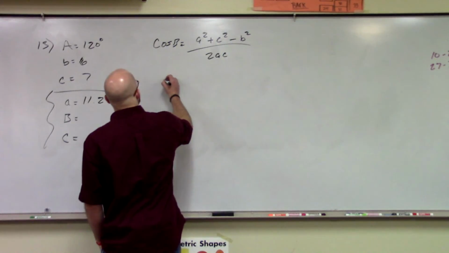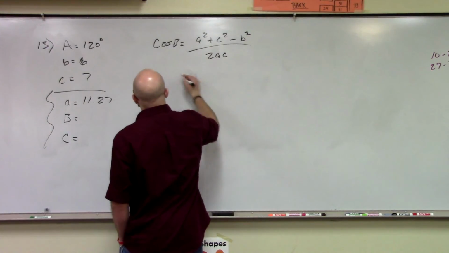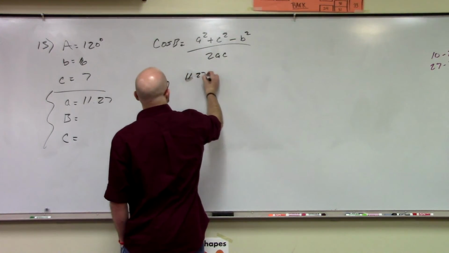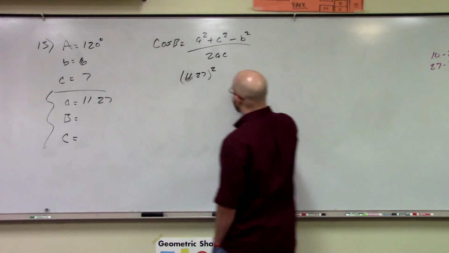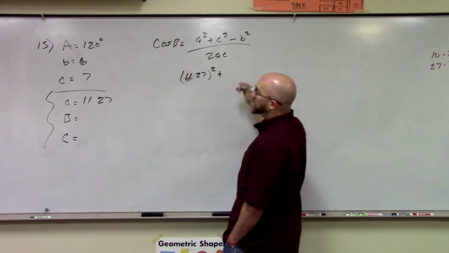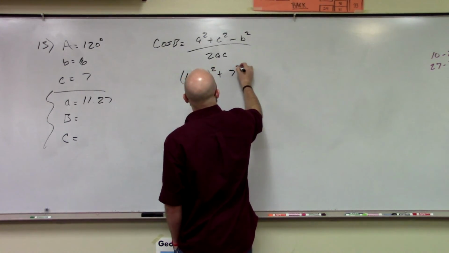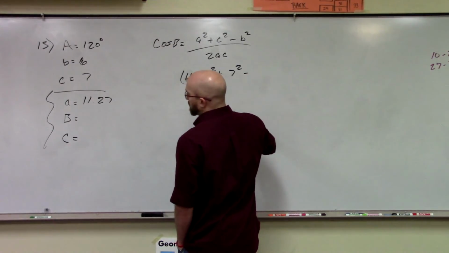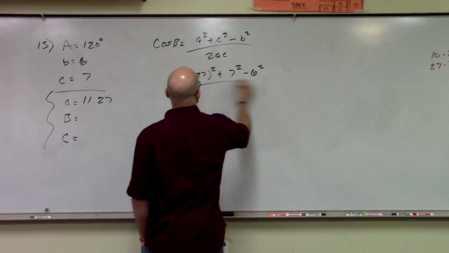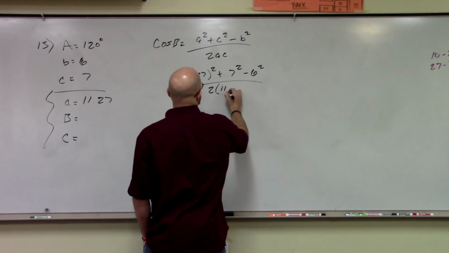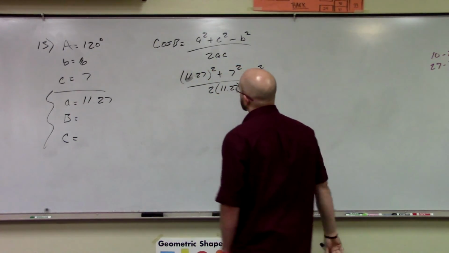So we get 6 squared, we get 11.27 squared, which think about it, you already answered from the previous problem. Just use that number, makes your life a little easier. So then we get 7 squared minus 6 squared all over 2 times 11.27 times 7.